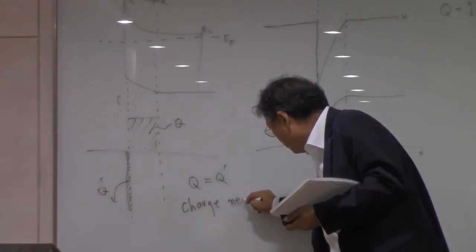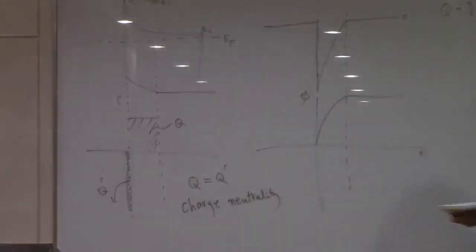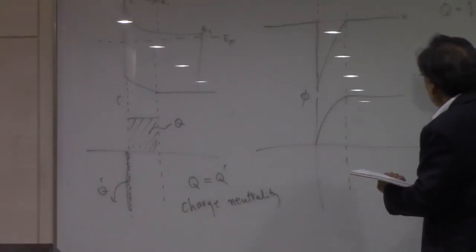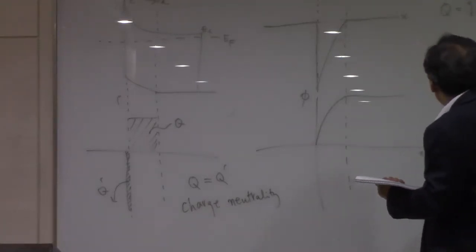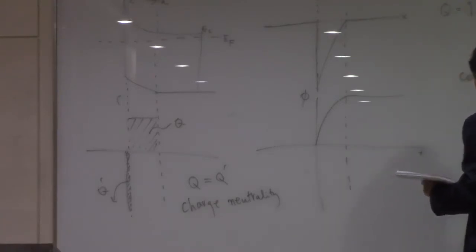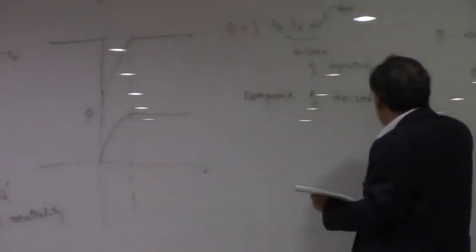Charge neutrality. So you can calculate the charges which should be in the semiconductor part of this metal semiconductor junction, and that is composed of ionized donors.